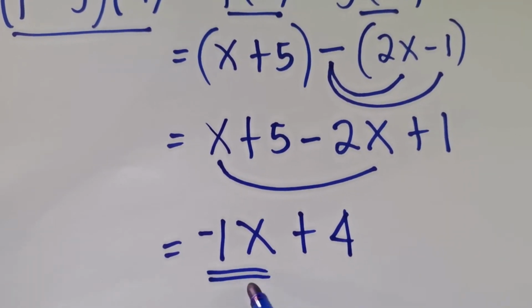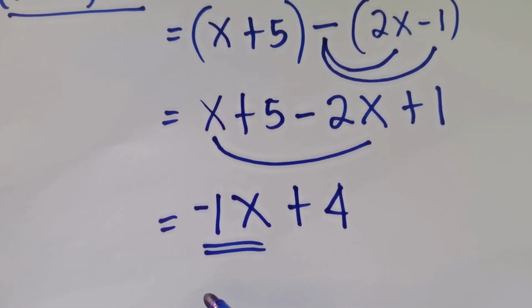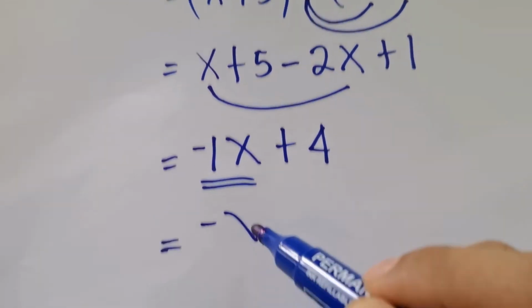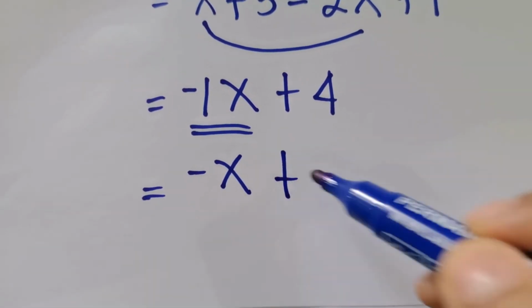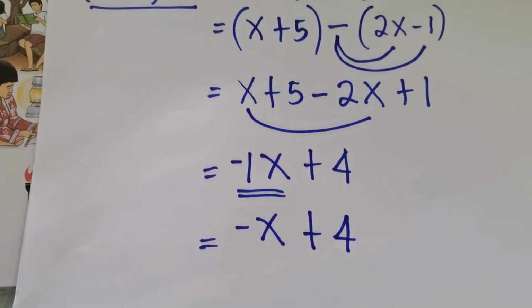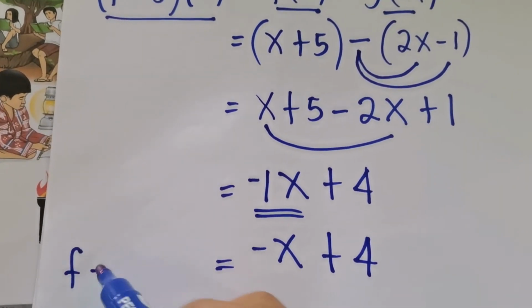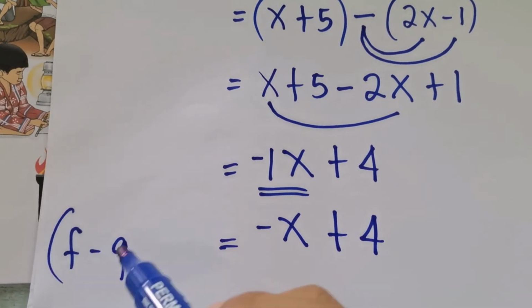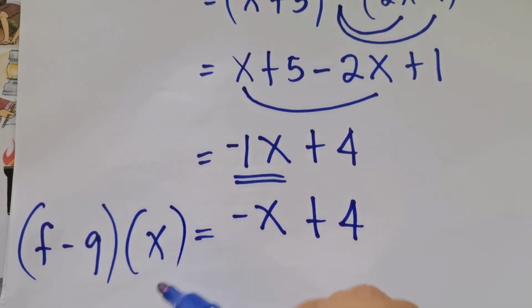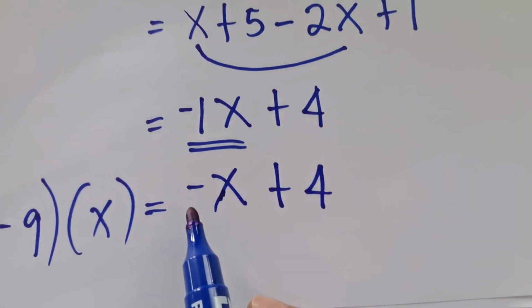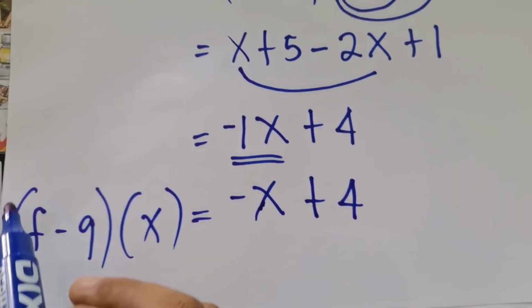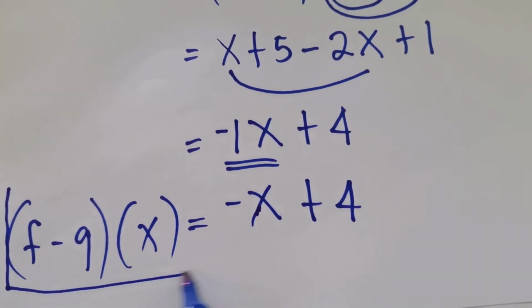Or simply, just write negative x plus 4. Now, f minus g of x is just equal to negative x plus 4.